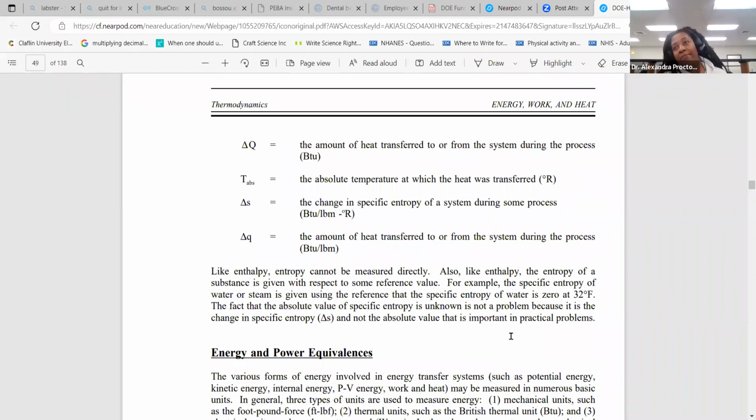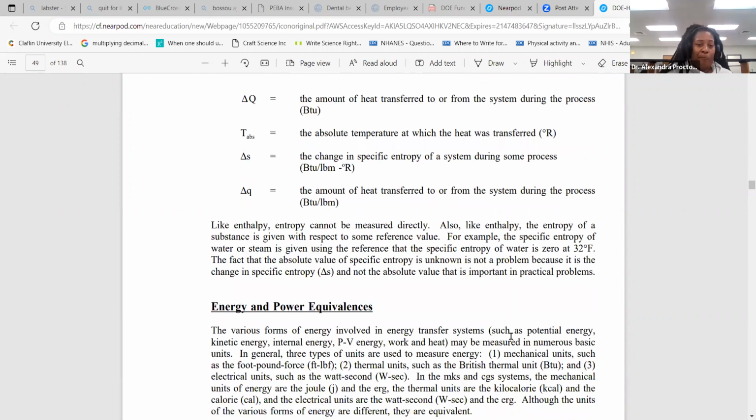Remember, we have two absolute systems. One is Rankine, the other is Kelvin, and that comes from the previous lectures. So delta S is the change in specific entropy of a system during that same process, and that's in BTU per pound mass degree Rankine. And delta Q is the amount of heat transferred to or from a system during the process, and that's BTU per pound mass.